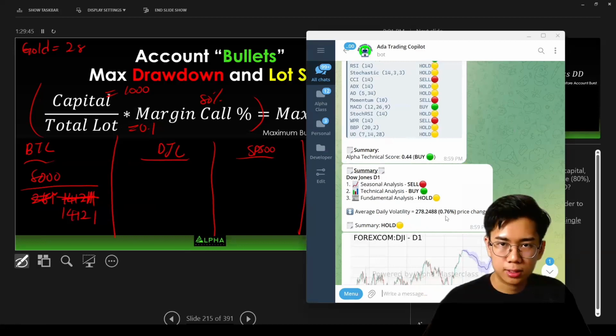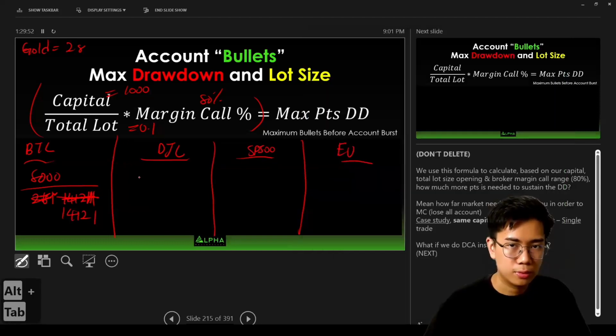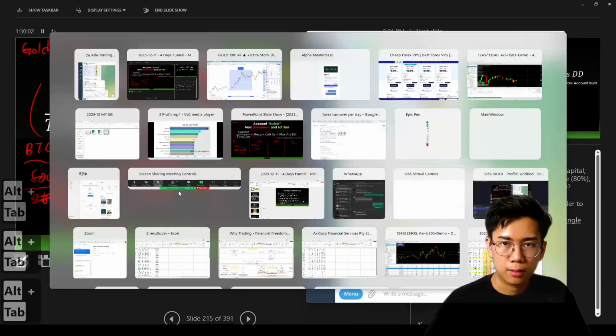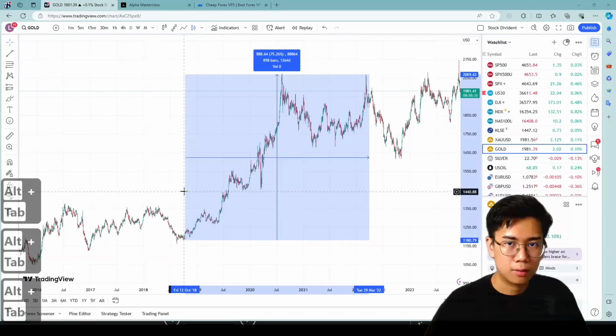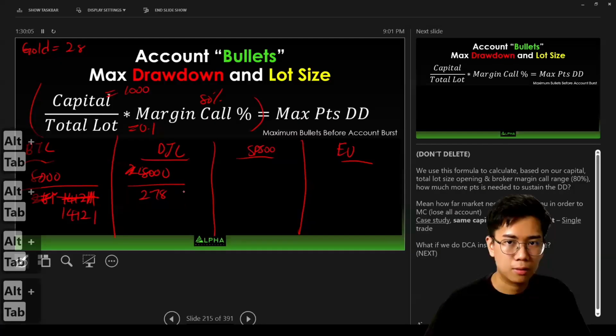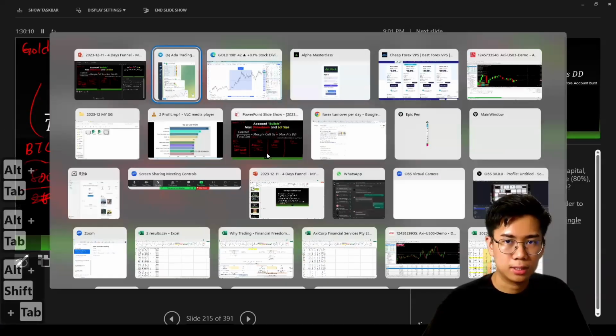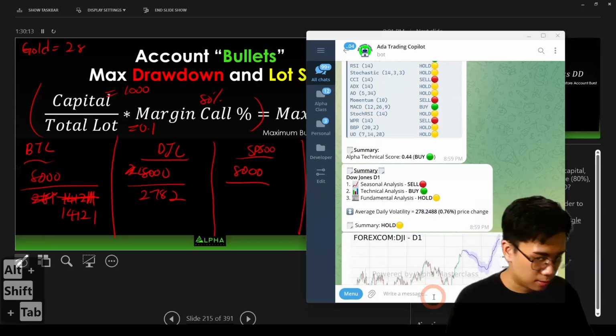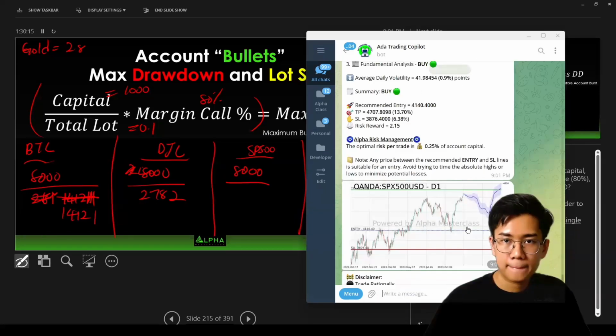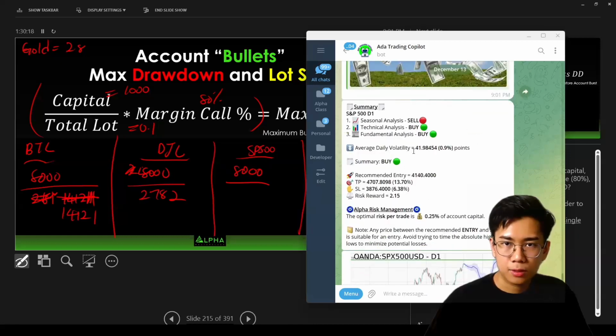So this is Dow Jones. Dow Jones is about 278.24, so ignore the last one, 278.2. 8,000 divided by 278. 8,000 divided by SP500, and the last one is Euro USD. 4198.